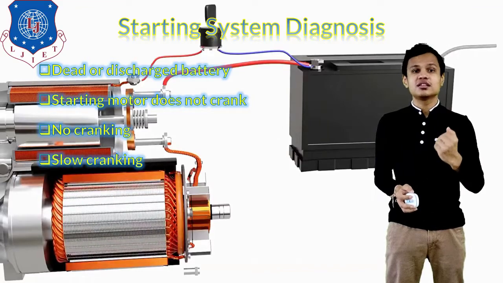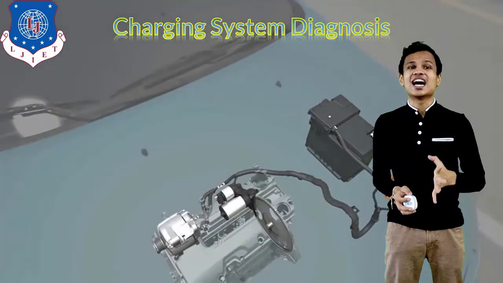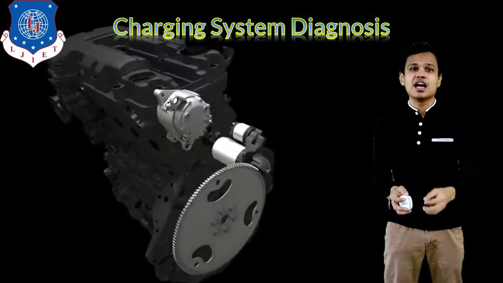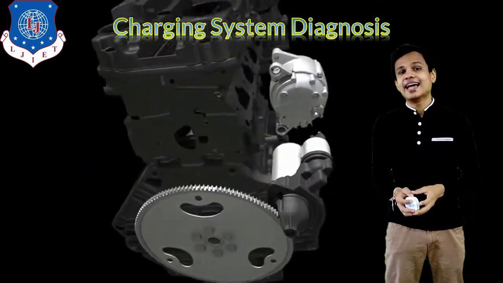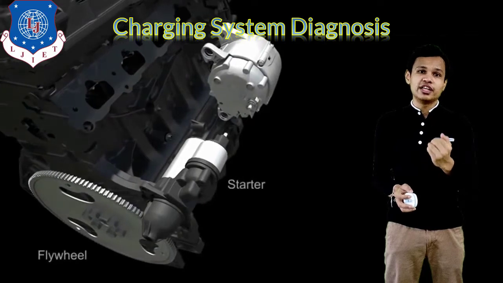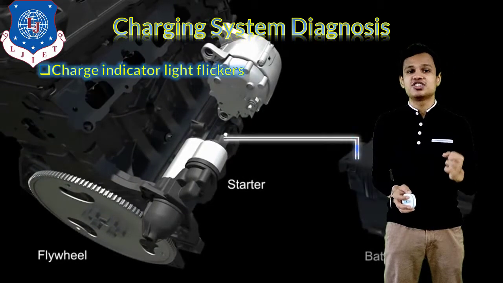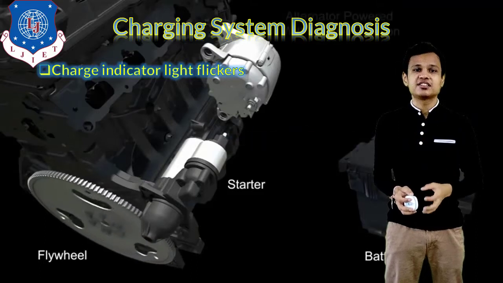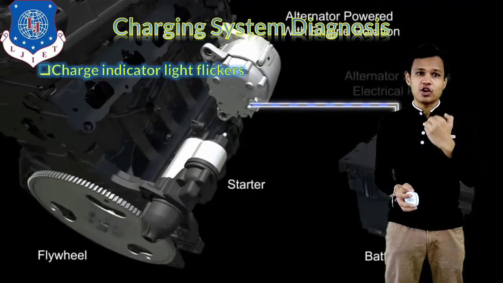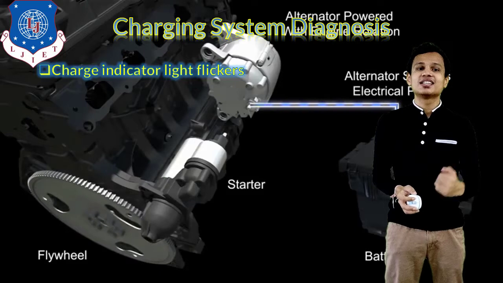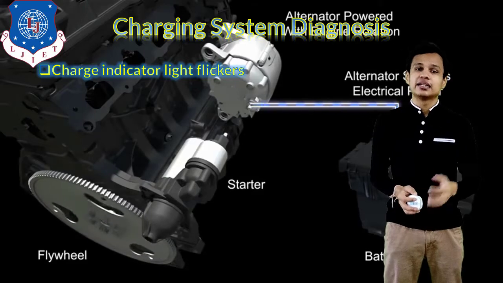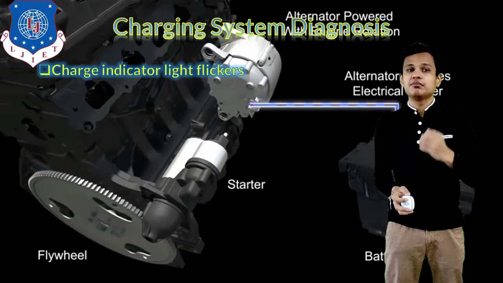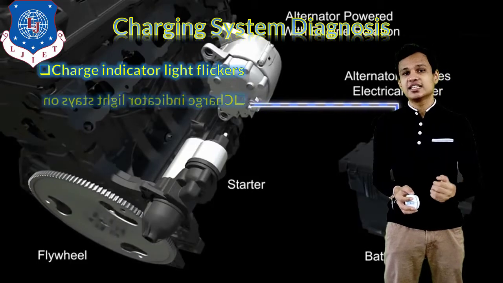The last thing is the diagnosis of the charging system. If the charging of the battery done by our charging system is faulty, then the battery will be discharged in no time. So the charging system should be working in proper condition. For that, if the charging indicator light flickers, then there can be a problem in the charging system.